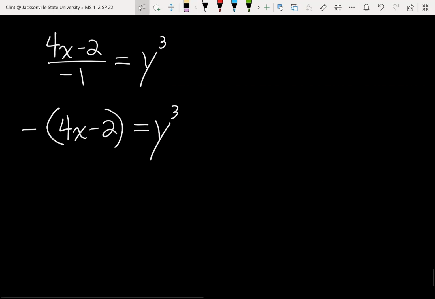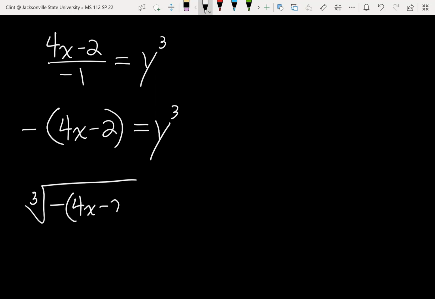Yeah. So we'll have the cube root of negative 4x minus 2 equals y. And that is f inverse. And like I said, if you have cube root of 4x minus 2 over negative 1, it will probably take that too. So they're equivalent.